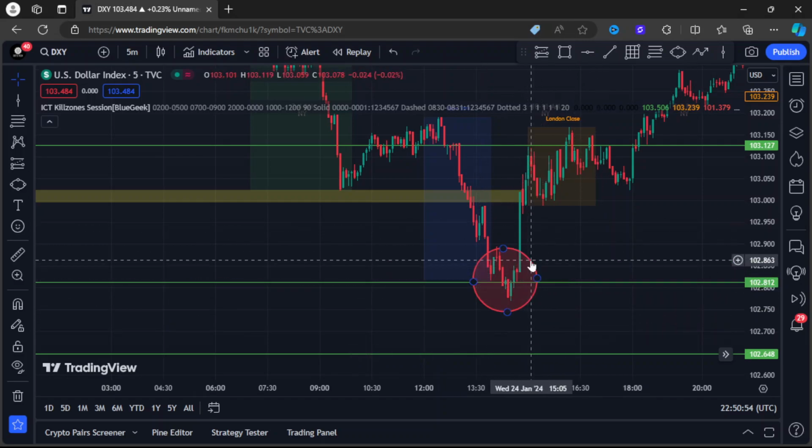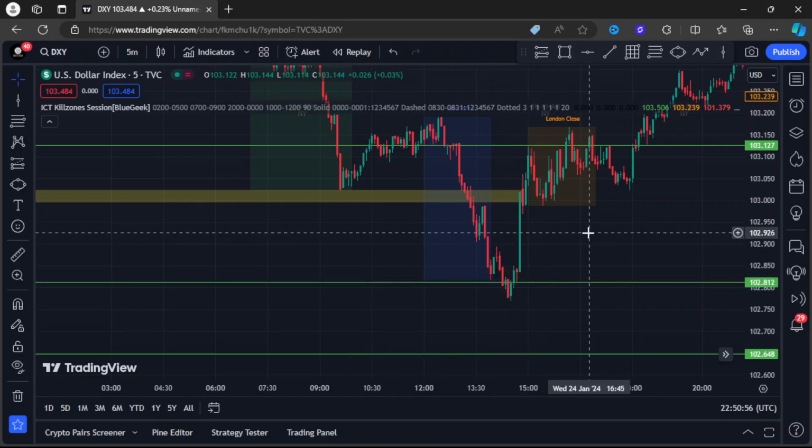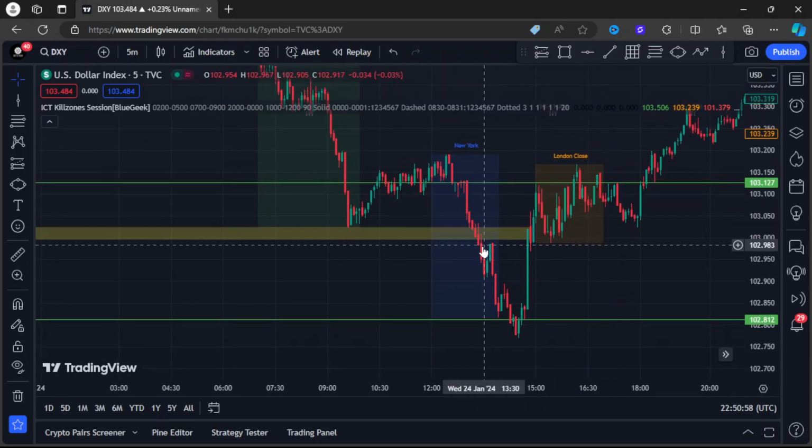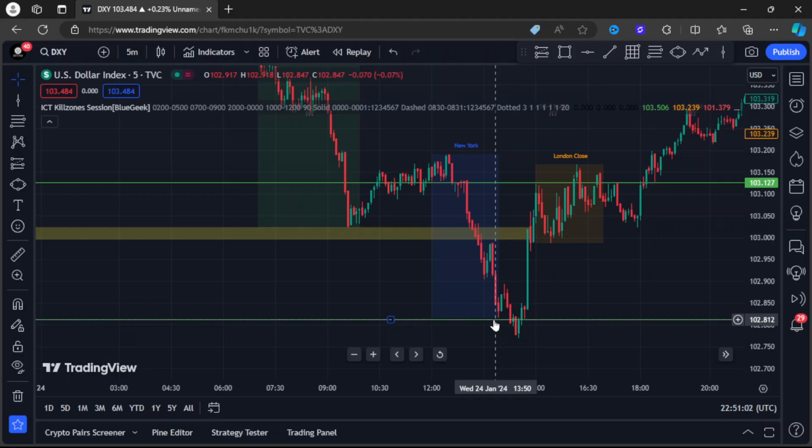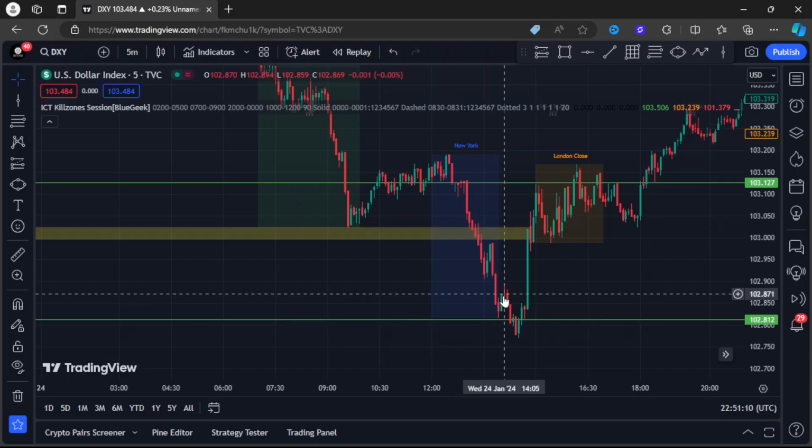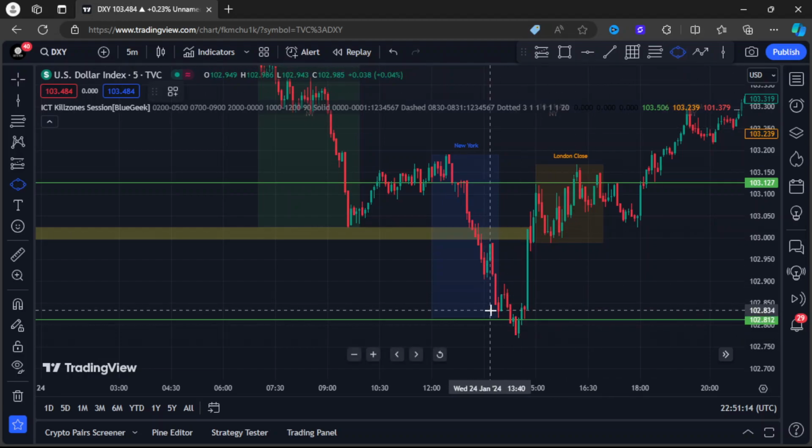So now our focus is the ending of the New York zone. Ending of the New York zone was here, and then we were supposed to buy, but then it came up a bit, came down to take out liquidity. So this is what we call the turtle soup, as I said.